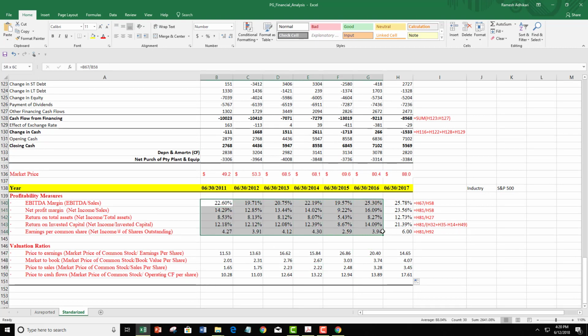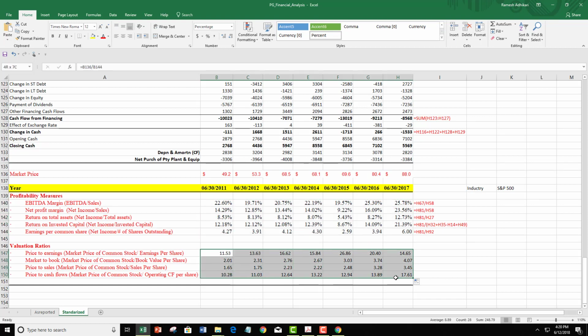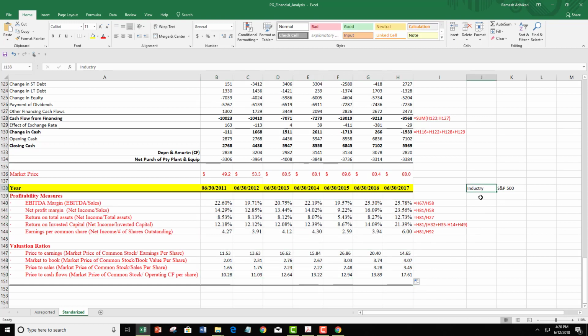Once you compute these ratios, I also suggest you try to find the industry average for these ratios, and the market, in this case I'm using the S&P 500. Find the ratios for the industry and market and put them next to each other.